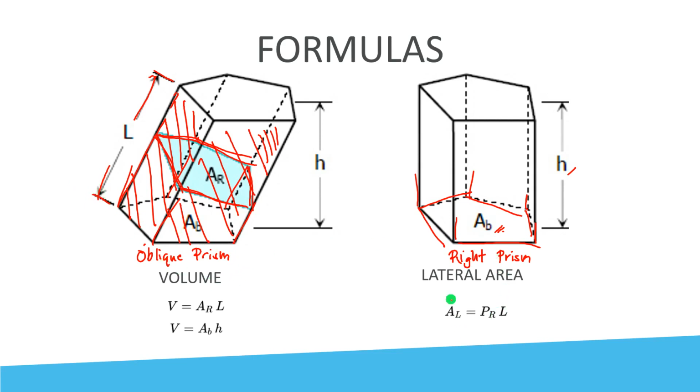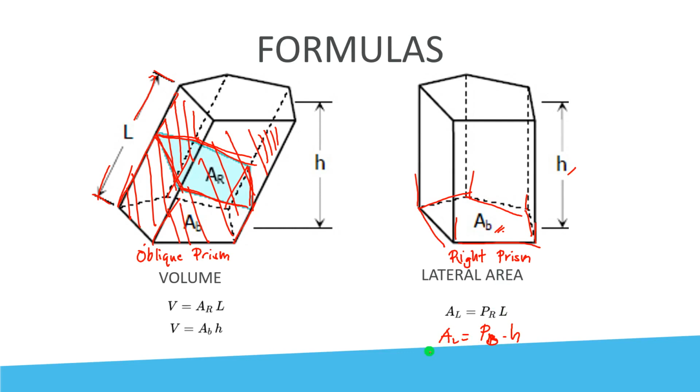Same way with the right prism, just multiply the perimeter of the base by the height. That's your lateral area, or the surface area along the lateral faces.